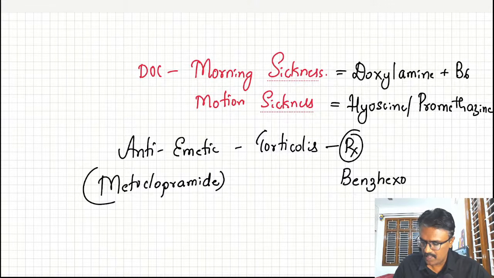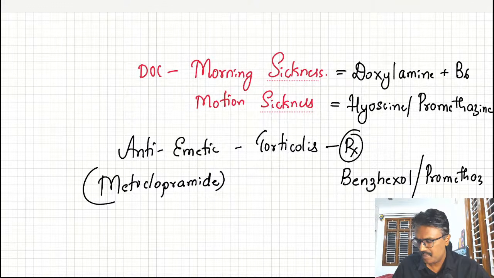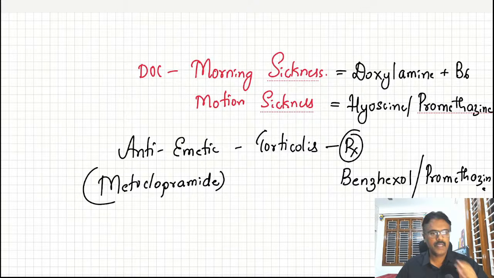Benzhexol is also called trihexyphenidyl. If that is not there, you can use benztropine, or another commonly available drug in the hospital, promethazine. You can give promethazine. So these are the things they will ask you repeatedly in your FMG exams.